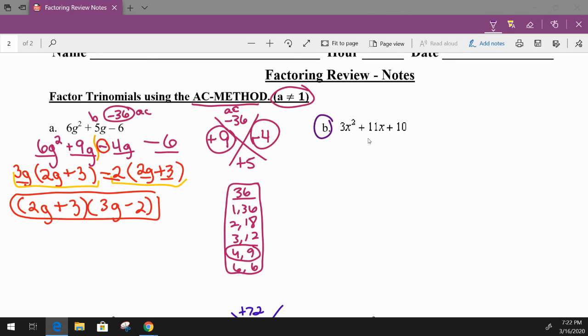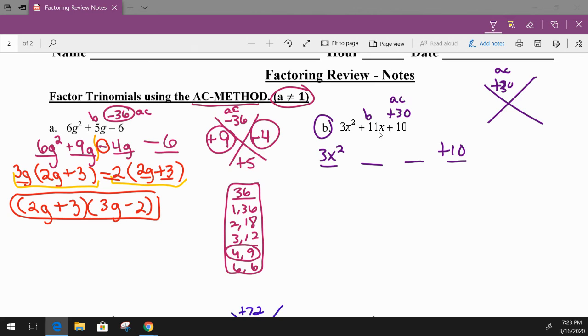So we're going to start with setting up our four terms. Your first term stays the same, and the last term stays the same. When you multiply the A times the C together, you get a +30. So over here, we want to multiply two numbers together to equal +30. But their sum is our middle term, our B value.